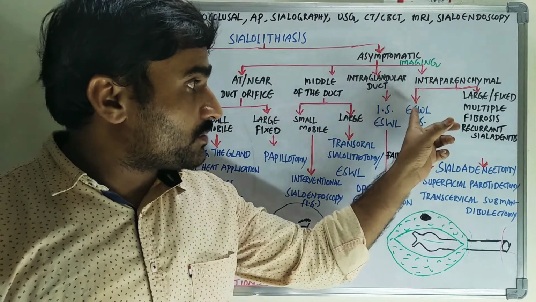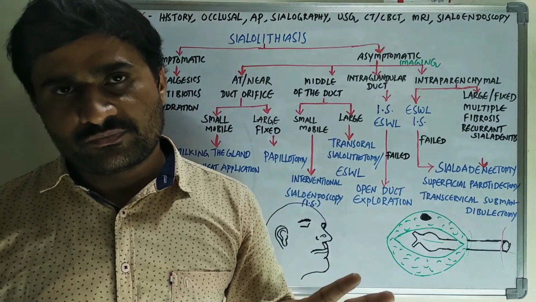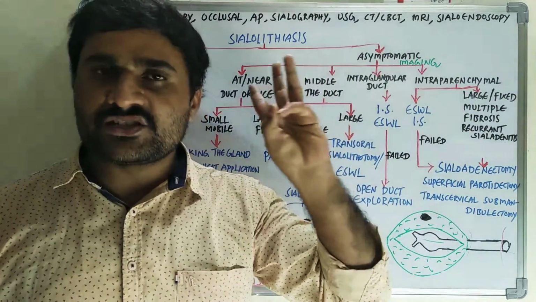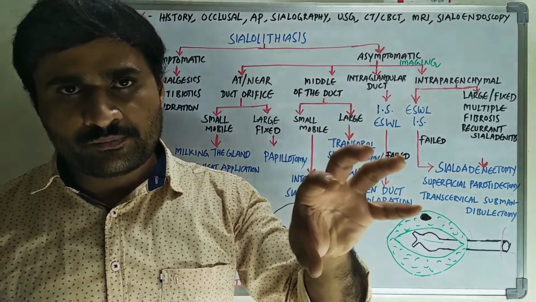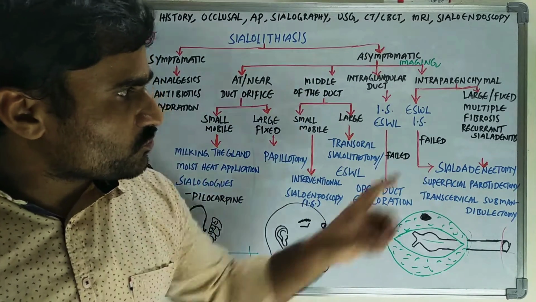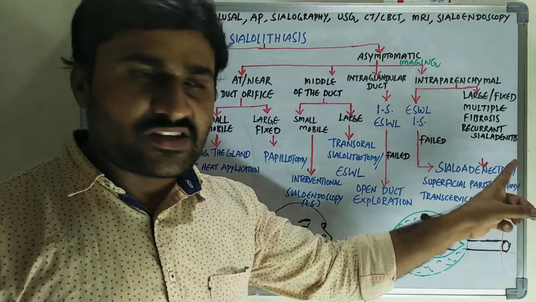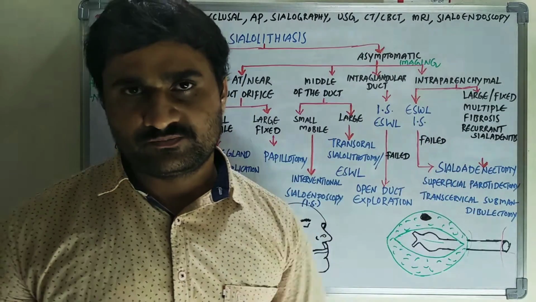In case of extracorporeal shock wave lithotripsy, you should go for multiple sittings. That means this should be done at least 3 times before going for gland resection, right? So if these 2 options fail, then you can go for gland resection, that is sialoadenectomy.